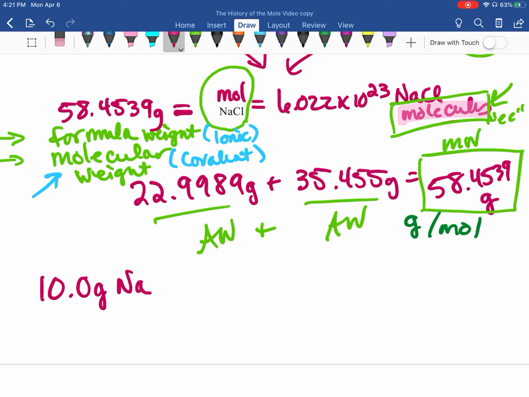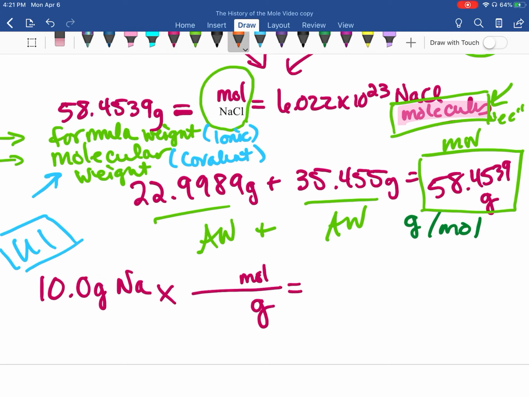So we can use our atomic weights as unit conversions. So let's do the same thing that we did in Unit 1. And let's let our units do the talking. So what do you want to figure out? Well, if we don't have 1 mole, how many moles do we have? Put your grams on the bottom. Put your moles on the top. And then what do you plug in here? You plug in your atomic weight. Let's use our green. So our atomic weight then is the 22.9989 grams in a mole.